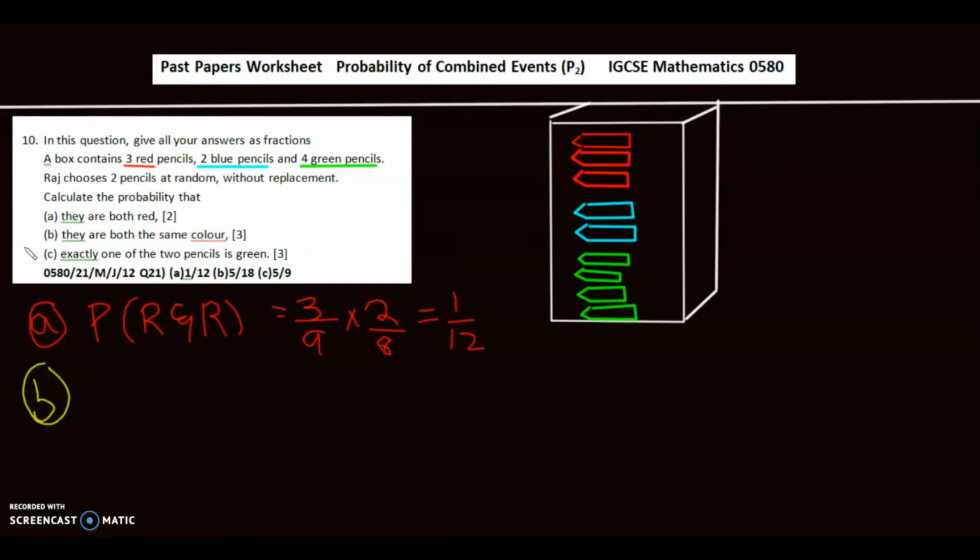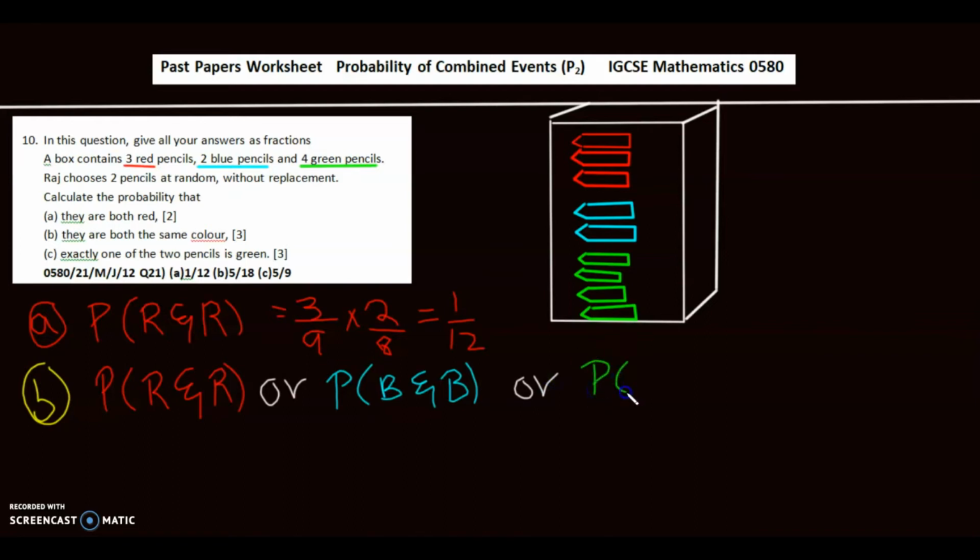So probability of red and then again getting another red. So probability of red and red, which we've already found by the way in the previous part, or probability of blue and then again blue, or probability of getting green and green.